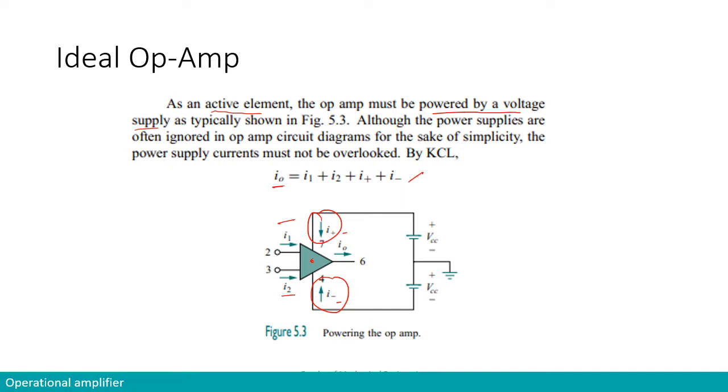But nonetheless, we don't really look into this when we do calculations of the input and output, because the thing that we're going to look at later is, if we have a certain voltage input in terminal 2 and a certain voltage input in terminal 3, what is the voltage output at terminal 6, right?